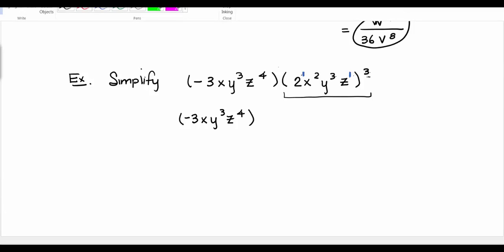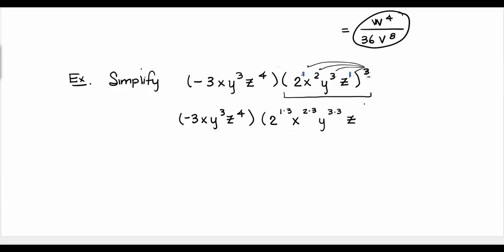Okay, so let's start multiplying each one of these out. I'm going to have 2 to the 1 times 3, x to the 2 times 3, y to the 3 times 3, and I still have z to the 1 times 3. Again, I'm writing it all out.